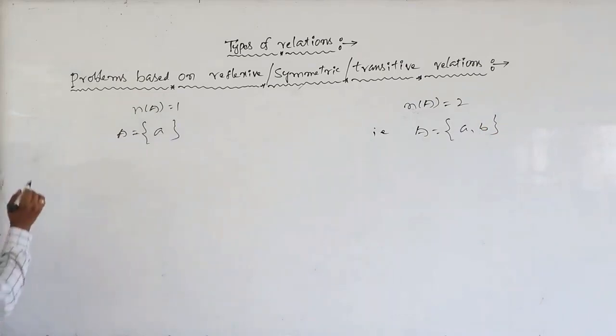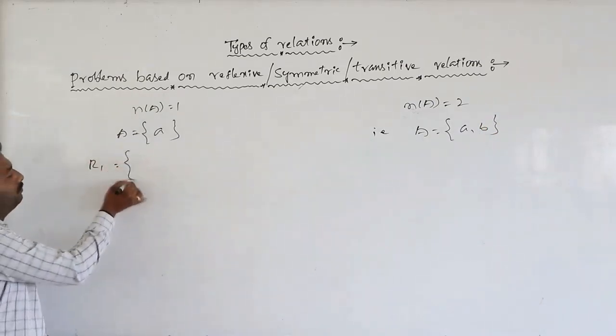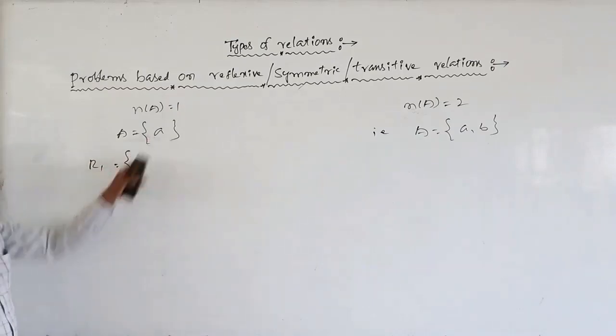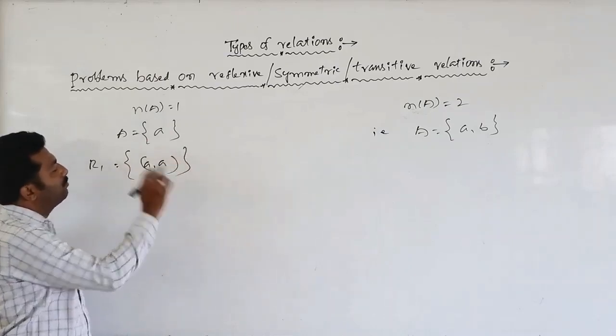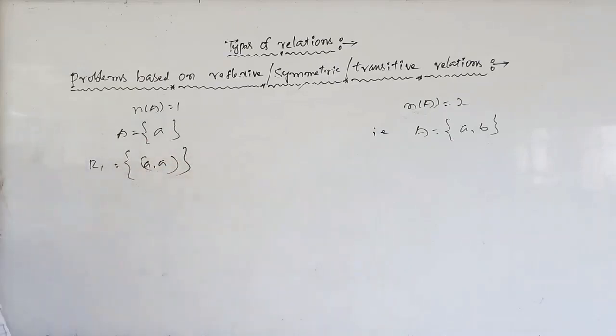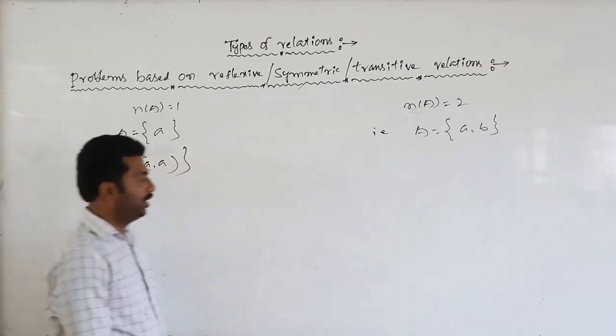How many equivalence relations can be formed? See, (a, a) is reflexive, symmetric and transitive. If you take the null relation, that is not reflexive, so only one equivalence relation can be formed.